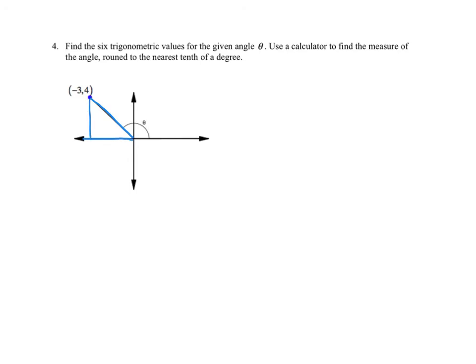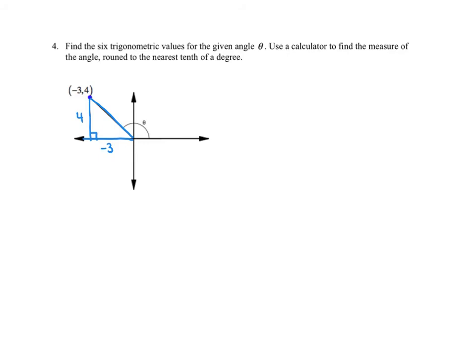So this is our triangle right here. The horizontal leg of this triangle is the x value, which is 3. And because it's to the left, we can think of it as -3. The vertical component, the y, is 4, and it's going up, so we think of it as positive.